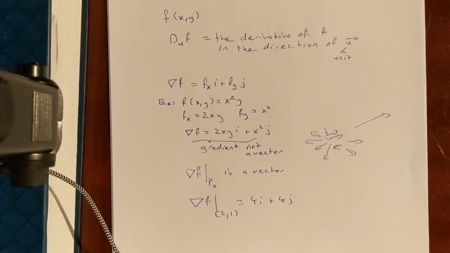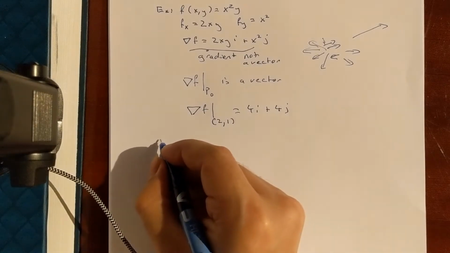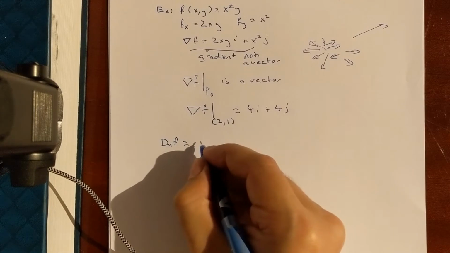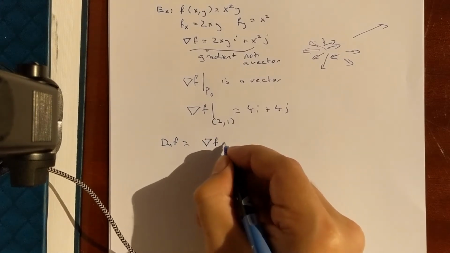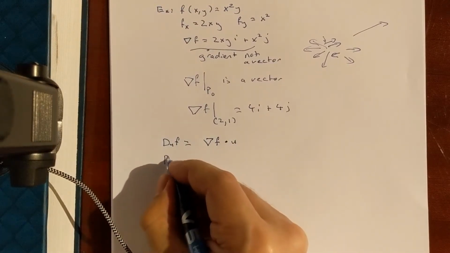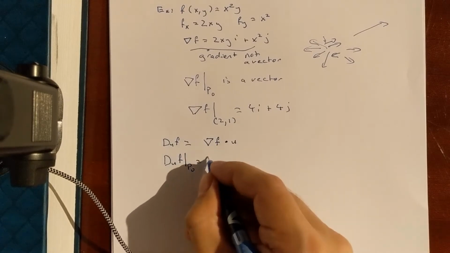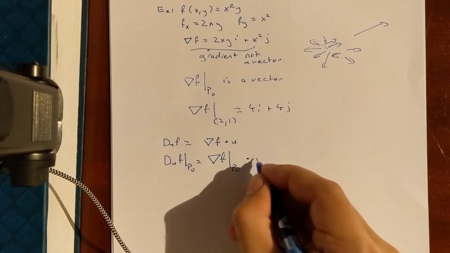So that's a vector. Now, what did we learn last time? We stopped, I think, where we said D sub u f is just equal to the gradient of f dot product u. In other words, if we were talking about the derivative at a given point p naught, you would evaluate the gradient at that point p naught, and use a unit vector.